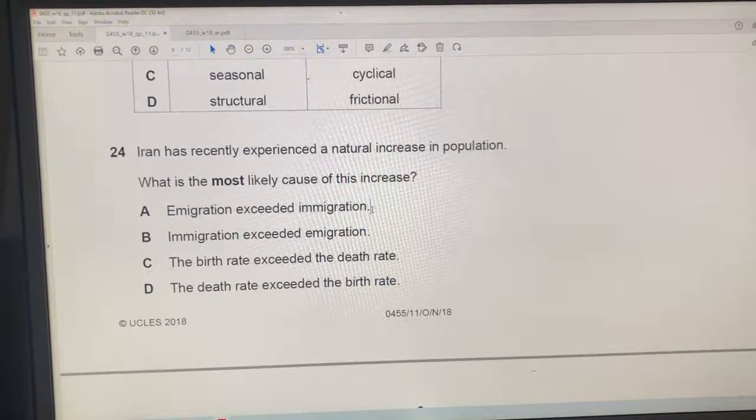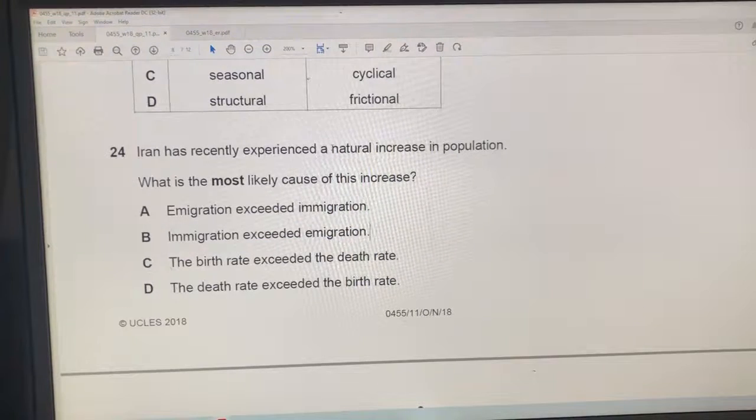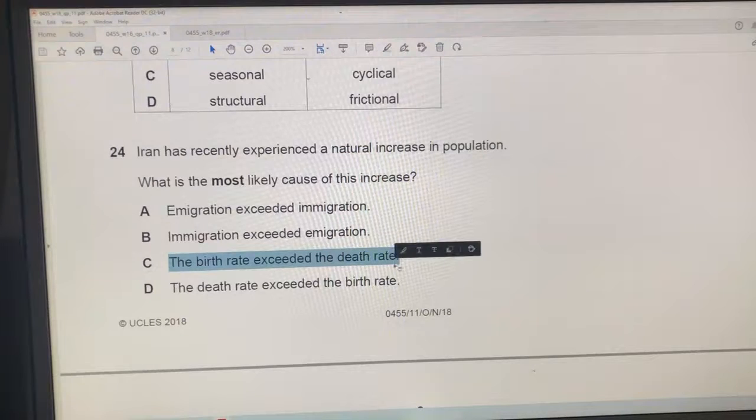That's the opposite of population growth. Yeah, that cannot be true. Immigration exceeded emigration. That's possible. That would increase the population. But they said a natural increase, and I think C is the correct answer.